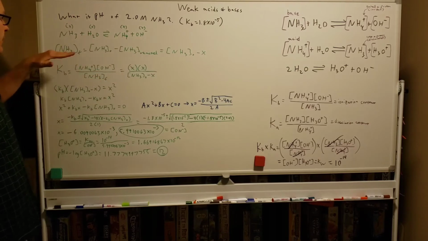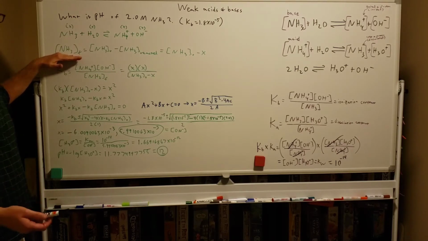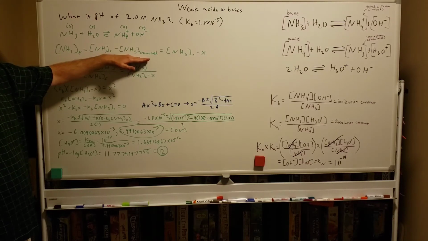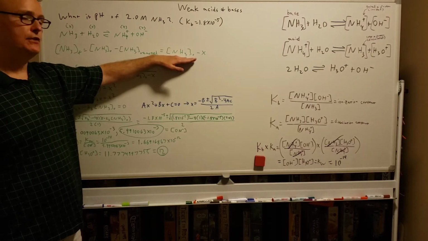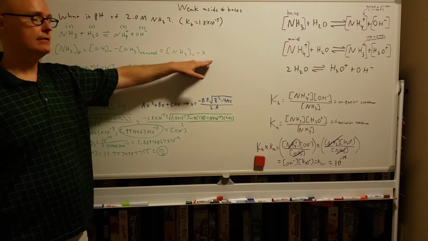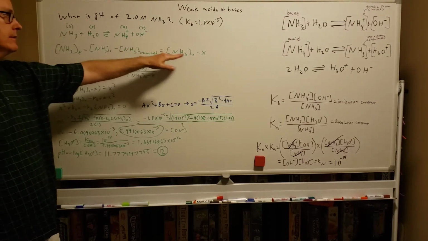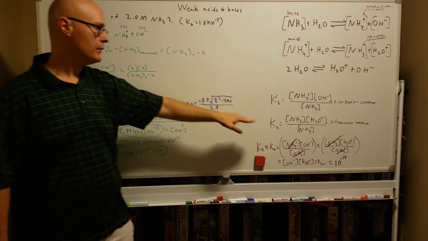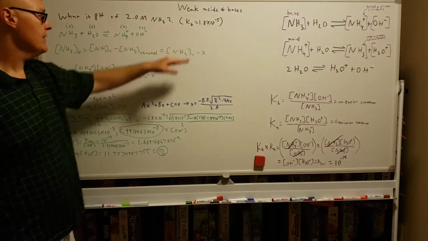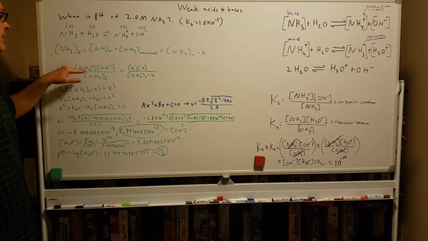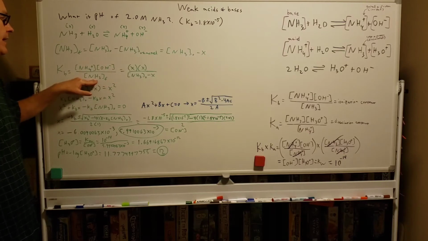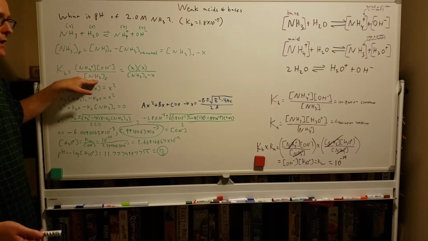So this is true, therefore the ammonia concentration that is still there is equal to the concentration I started with minus X, X being the amount that reacted. The equation for the ionization constant, which we had before, is equal to the concentration of the ammonium multiplied by the concentration of the hydroxide divided by the concentration of the ammonia that I still have.